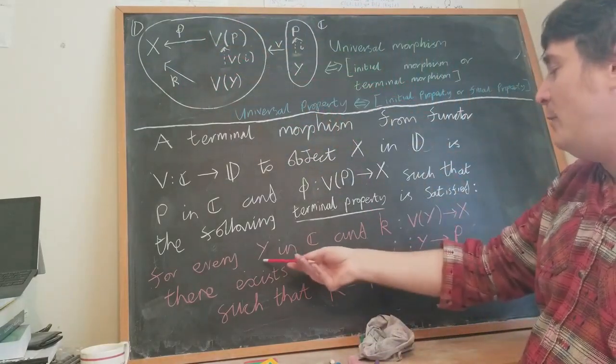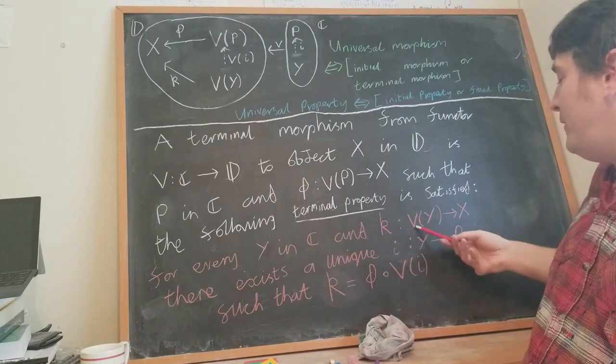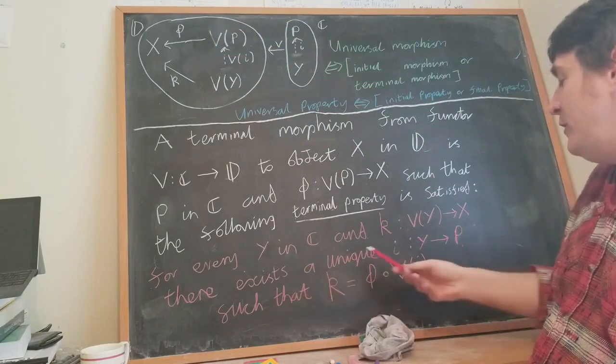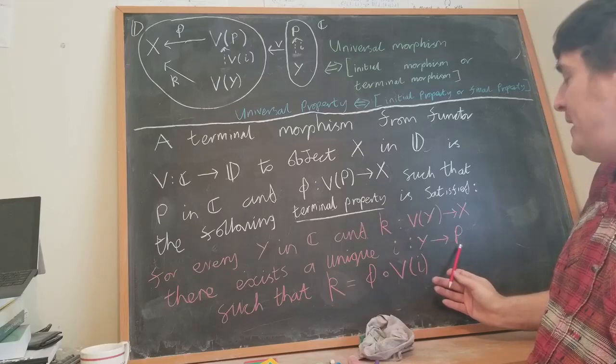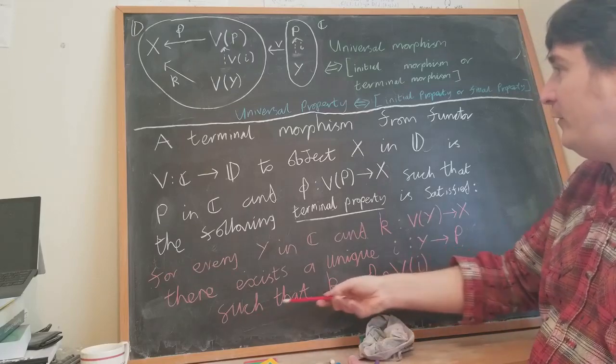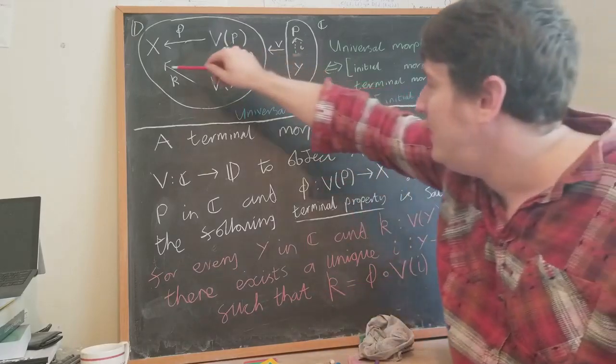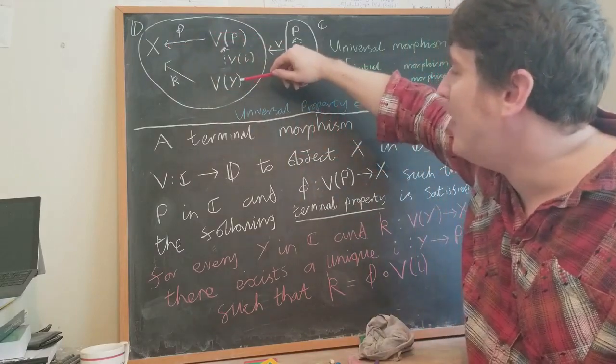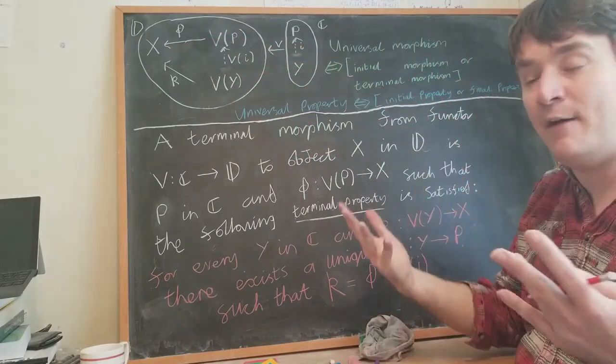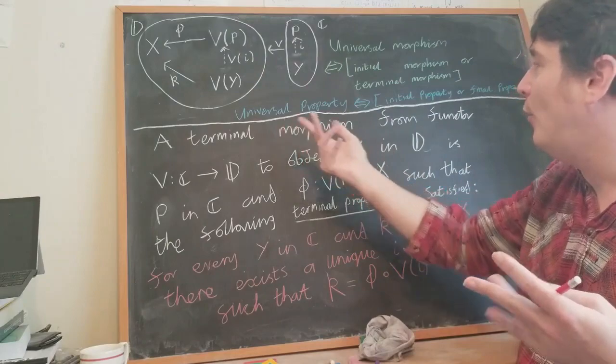So for every y in C and every k from V of y into X, there exists a unique I from y to P, such that k is equal to phi after V of I, okay? So this is the definition of a terminal morphism.